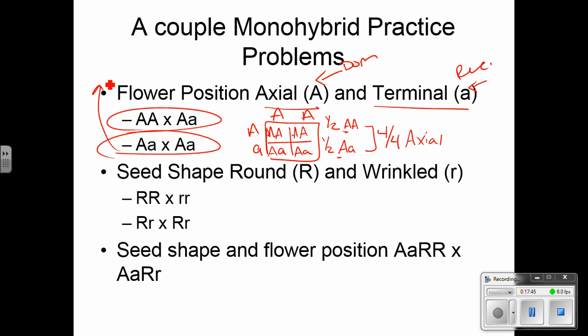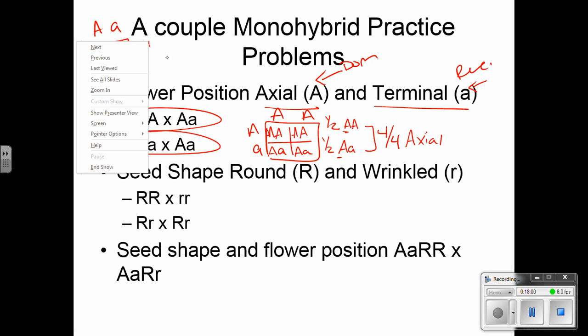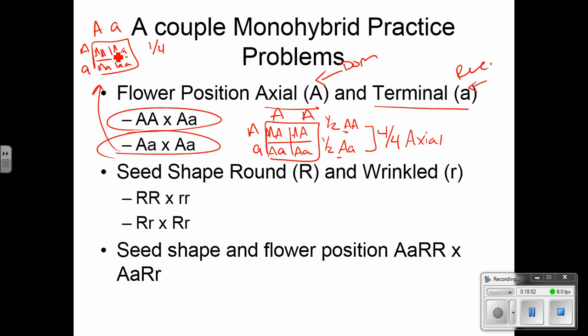Doing this one here, this now gives me 1/4 of one of the 4 boxes being A, 2 of the 4 boxes being little a, and we can simplify that to 1/2.